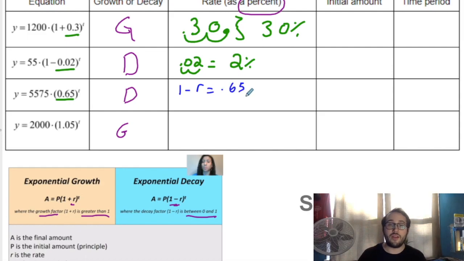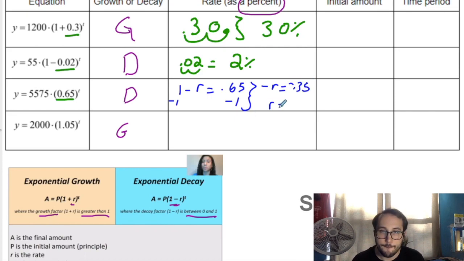Okay? Now, if I wanted to solve for R, I'm going to use inverse operations. I'm going to move the 1 to the other side by subtracting 1, and then I'm going to multiply both sides by -1. So I got that my rate is 0.35.